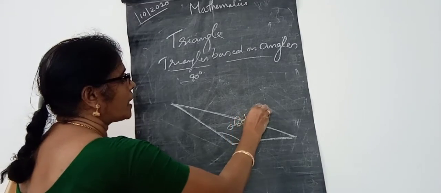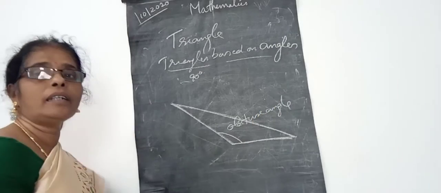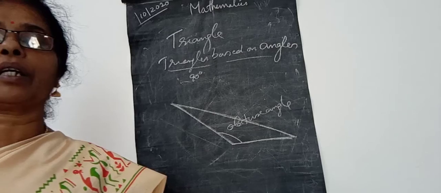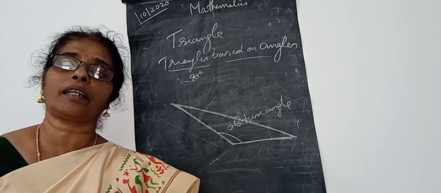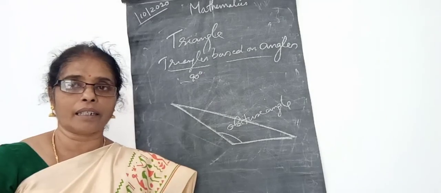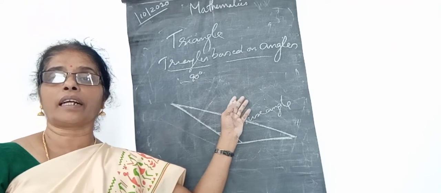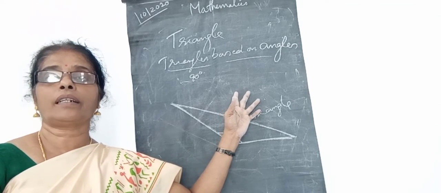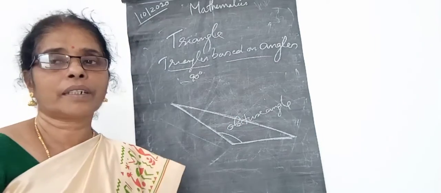So, based on the sides: scalene, isosceles and equilateral triangle. According to the angles: right angled, obtuse angled and acute angled triangle.